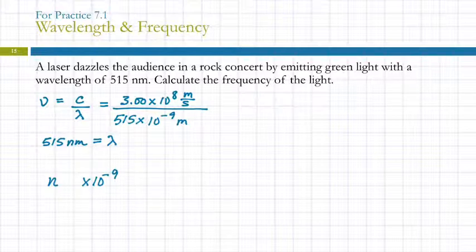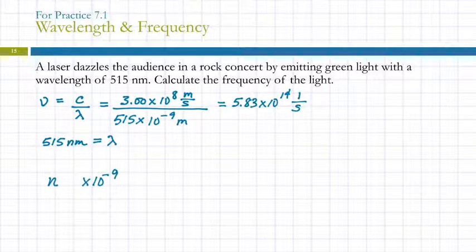So 3 times 10 to the 8th divided by 515 times 10 to the minus 9. The meters are going to cancel out. I'm going to get 5.83 times 10 to the 14. The units are 1 over second.